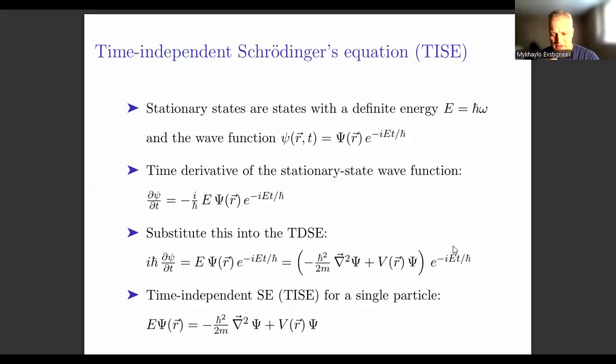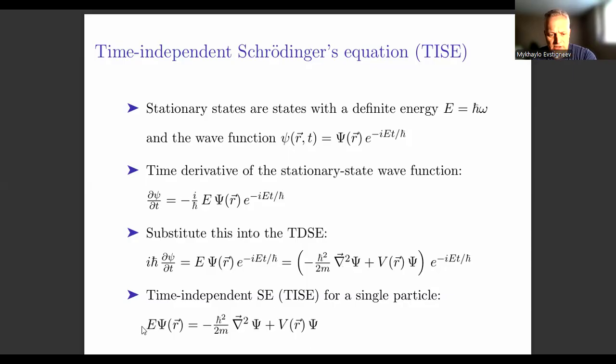And you can take the time-dependent exponential outside of the brackets. Finally, you can cancel out the time-dependent exponentials in both sides, and you arrive at the time-independent Schrödinger's equation for a single particle in a potential V of r.